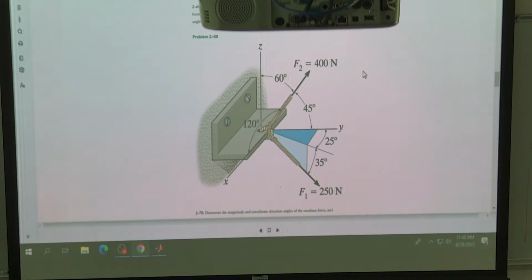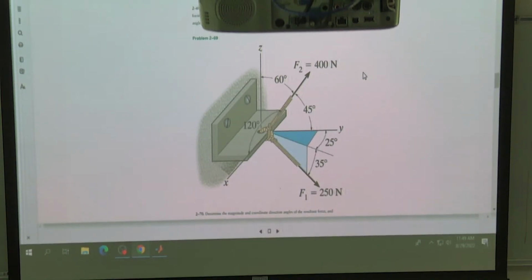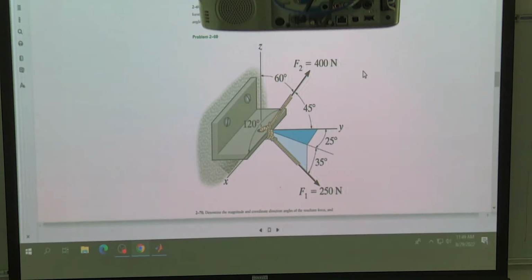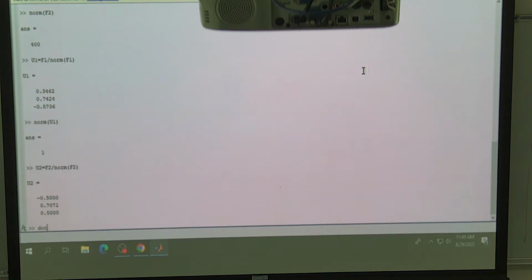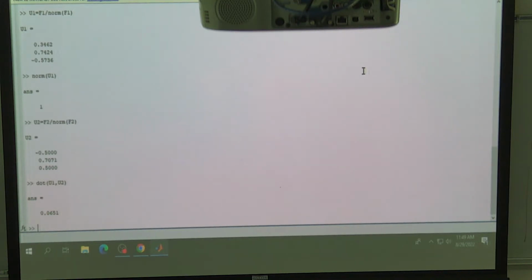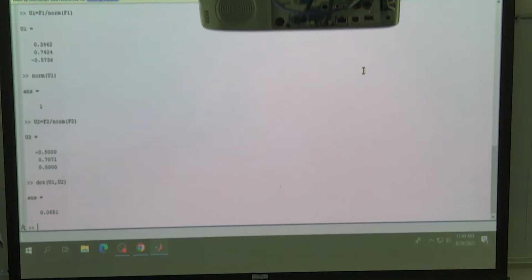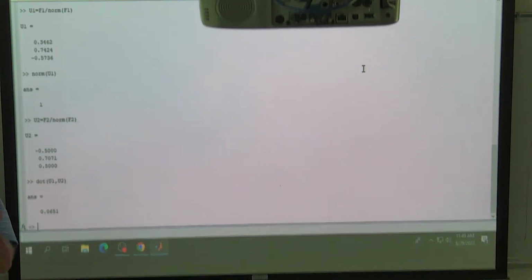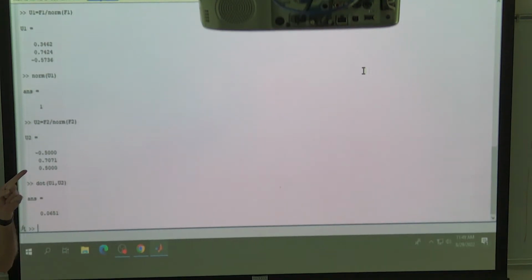Now, if I want to dot those two together, guess what I do? Here's what I mean. I want to find the angle between F1 and F2. There's a funny term here. It's called dot: dot U1 and U2. There's a number right there. Now, if I take two unit vectors and dot them, basically that's the length of one vector times the length of the other vector times the cosine of the angle between them, right?